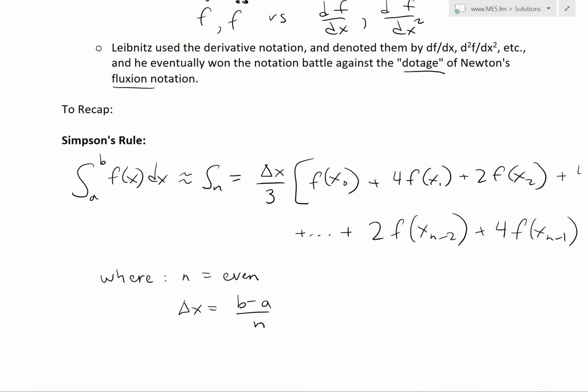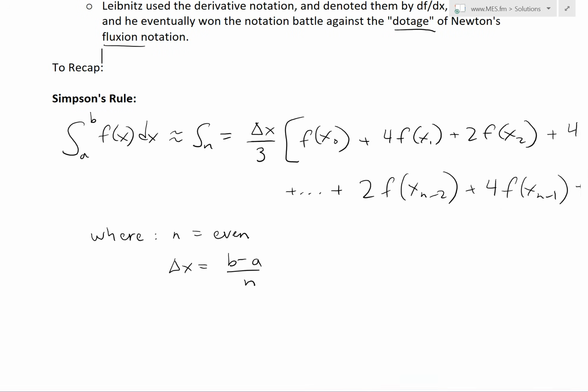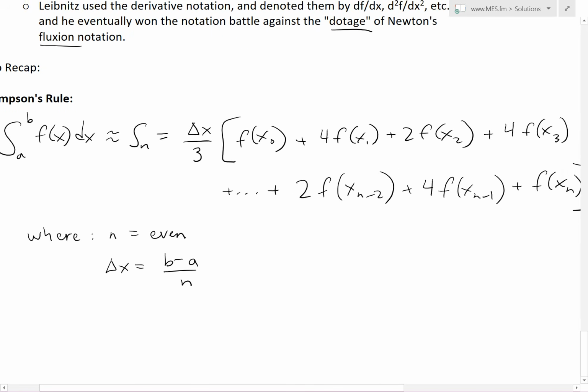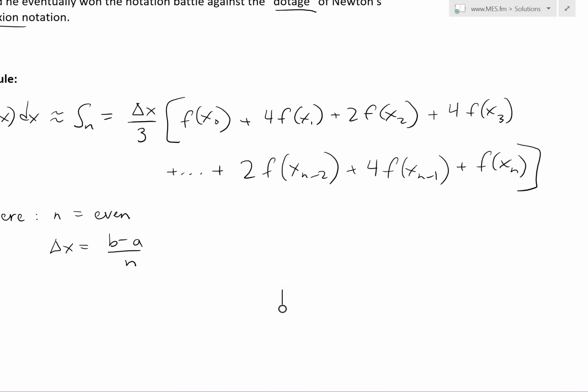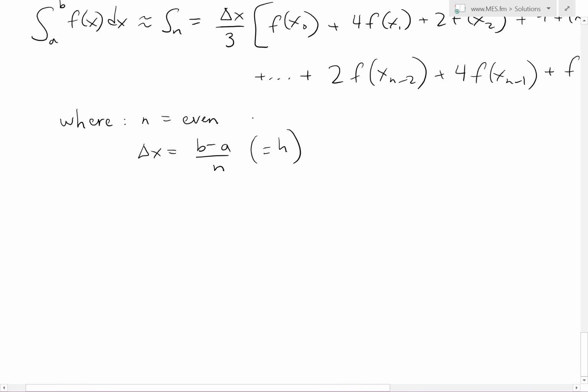And now to recap Simpson's rule using f of x instead of y, we have the integral from a to b of f of x dx is roughly equal to Sn, for Simpson, equals delta x over 3, where delta x is our h, times f of x0 plus 4 f of x1 plus 2 f of x2 plus 4, and then plus 2 plus 4, all the way till f of xn at the end, where n is even, and where delta x equals b minus a over n, which is the width of each interval, and it equals h.